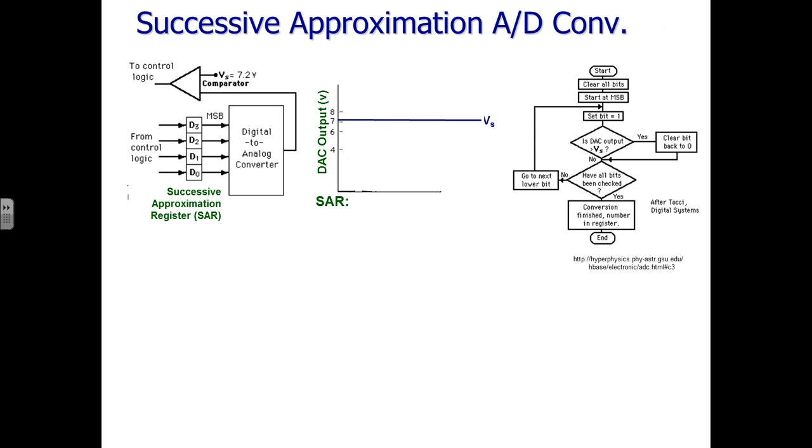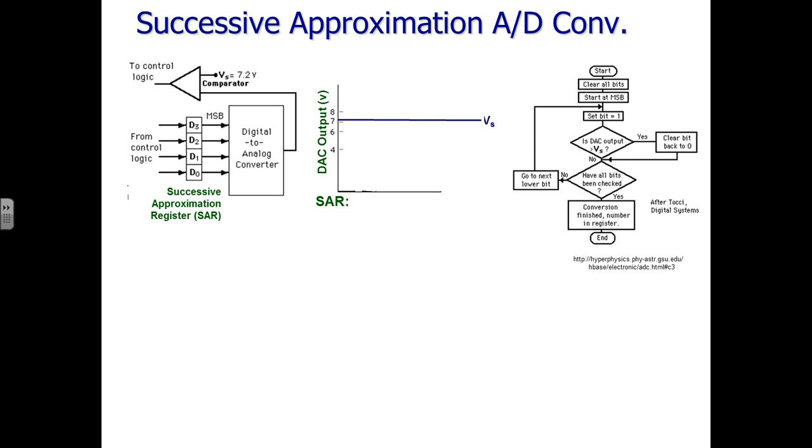A more common and faster approach to doing analog to digital conversion is similar, but a little bit more clever. It's called a successive approximation A to D converter. Again, I have a D to A converter driving one side of a comparator, and my input signal driving the other.